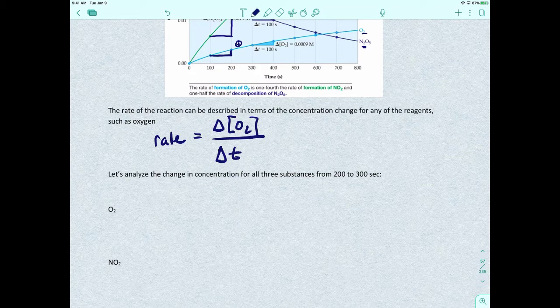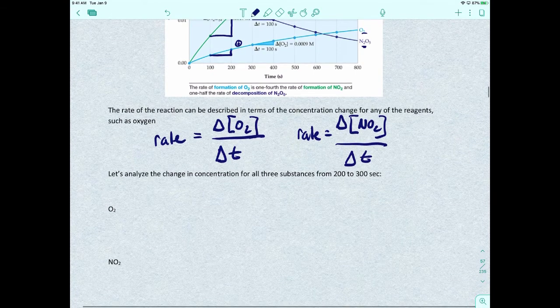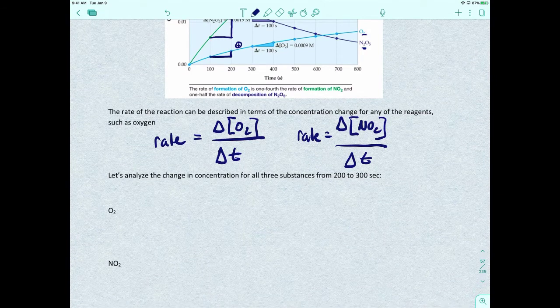Now, we can also do the same thing for NO2, where the rate would be the change in the concentration of NO2 divided by the change in time. We could also do the same thing for N2O5, where the rate would be the change in concentration for N2O5 divided by the change in time.